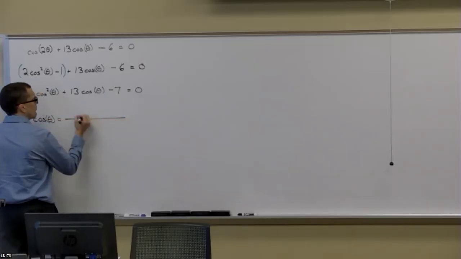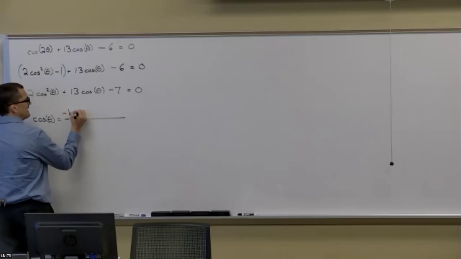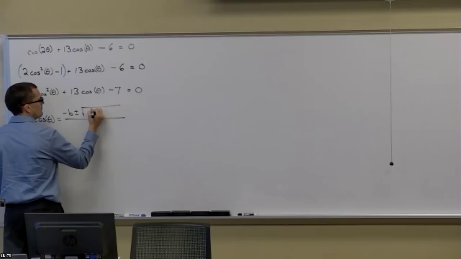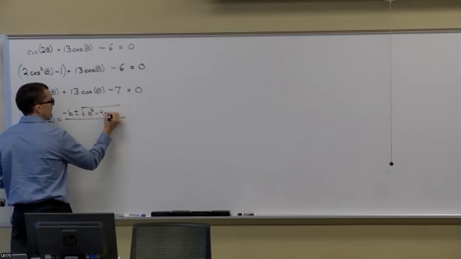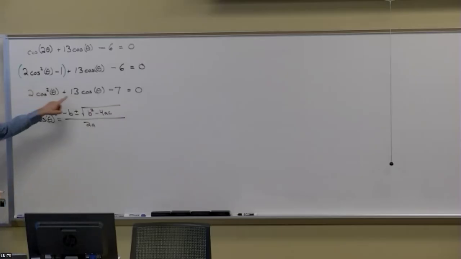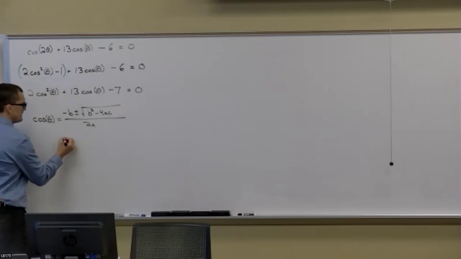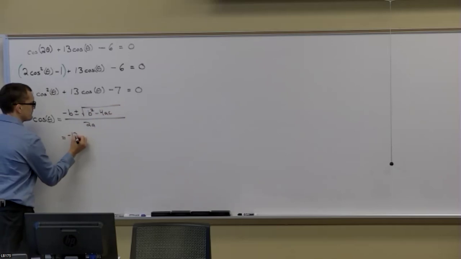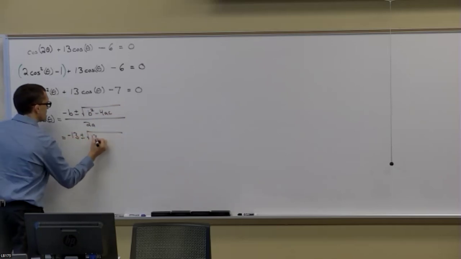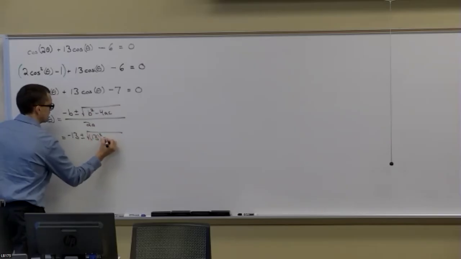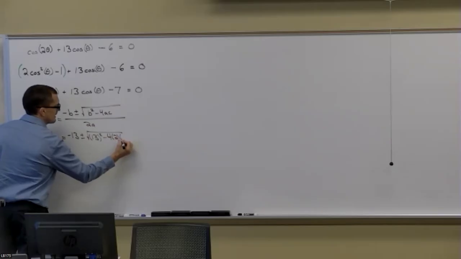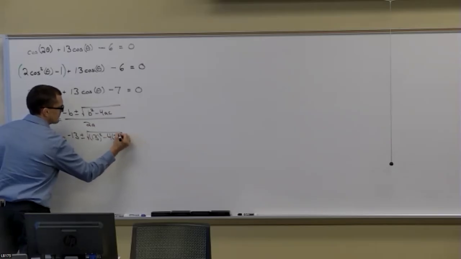So cosine of theta is the opposite of b plus or minus the square root of b squared minus 4ac, all over 2a. B in this case is 13, a is 2, and c is -7.